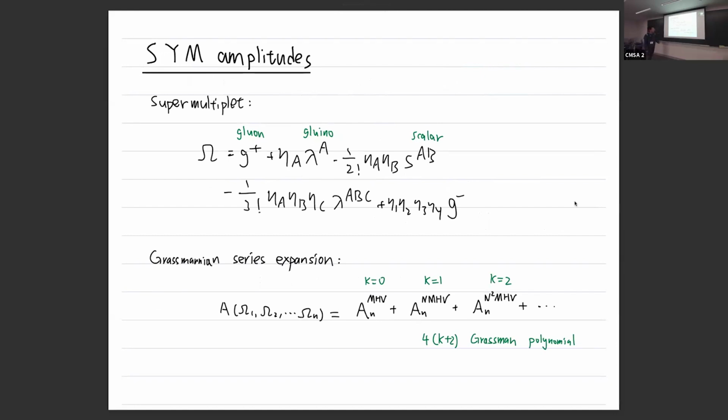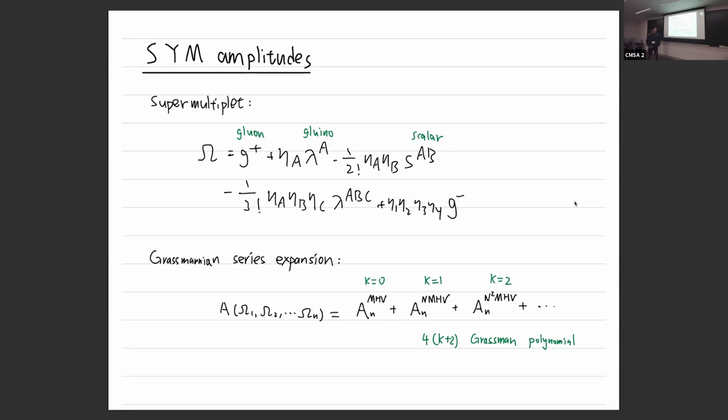We can introduce the Grassmann number eta by grouping all the fields, gluons, gluinos and all others together to form a super multiplet, or super field. Then our scattering amplitude becomes a Grassmann polynomial whose degree is 4 times k plus 2. For k equal 0 we call it MHV, for k equal 1, NMHV, and so on.